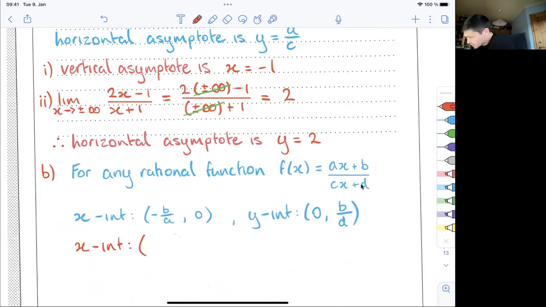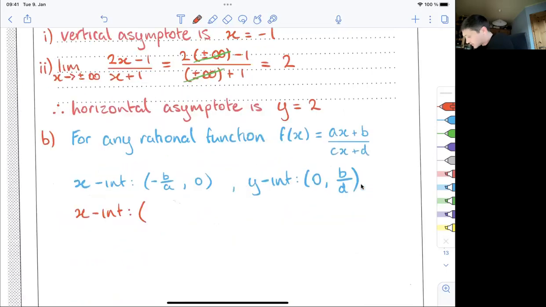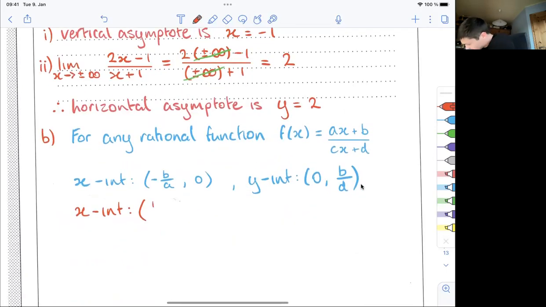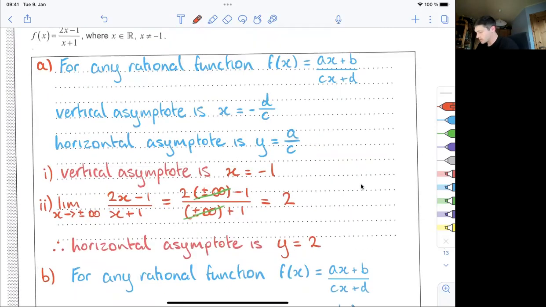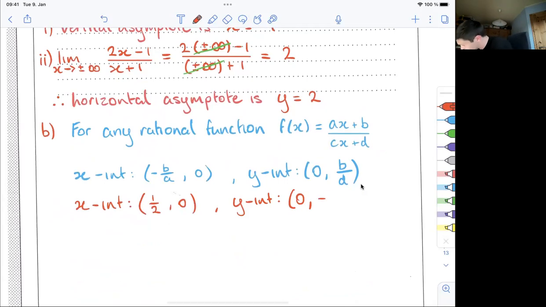No, sorry, because we've already got negative 1, so it's just a half, comma 0. And the y-intercept is going to be 0, comma, and then b over d, which is negative 1 over d, which was 1, which is just negative 1. All right, cool. So there we have our x-intercept and y-intercept.